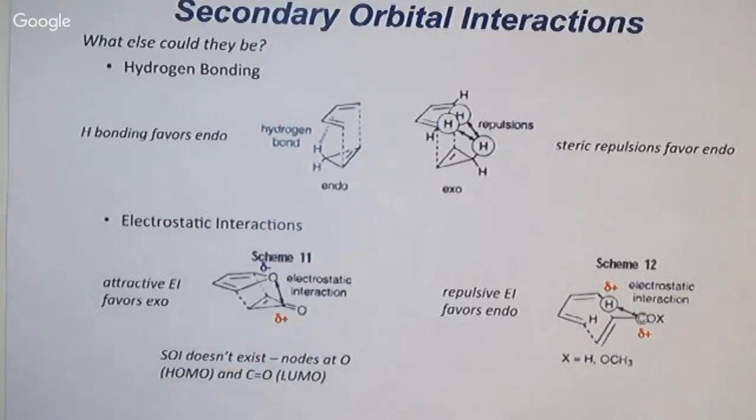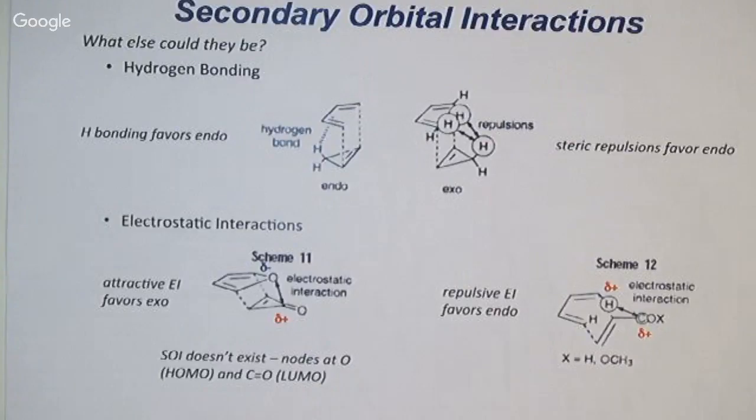And here, the electrostatic interactions favor the exo transition state, such that you can get the delta negative of the oxygen correlating to the delta positive of the carbonyl, rather than having it flip around the other way and saying that this delta positive, or this molecular orbital here, has some secondary orbital overlap. It turns out that here the exo is the more favored transition state.